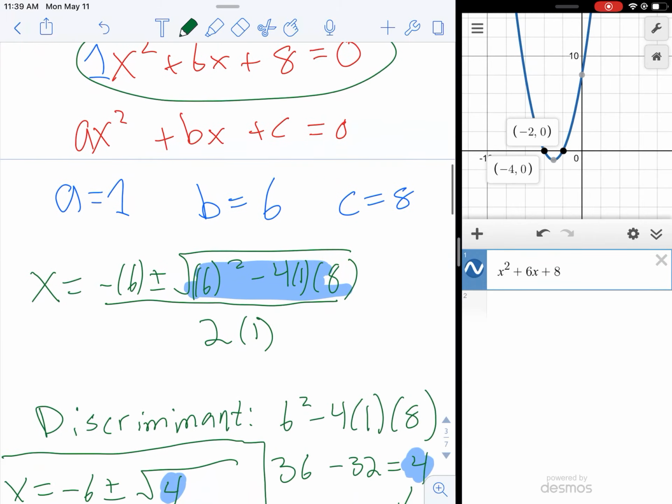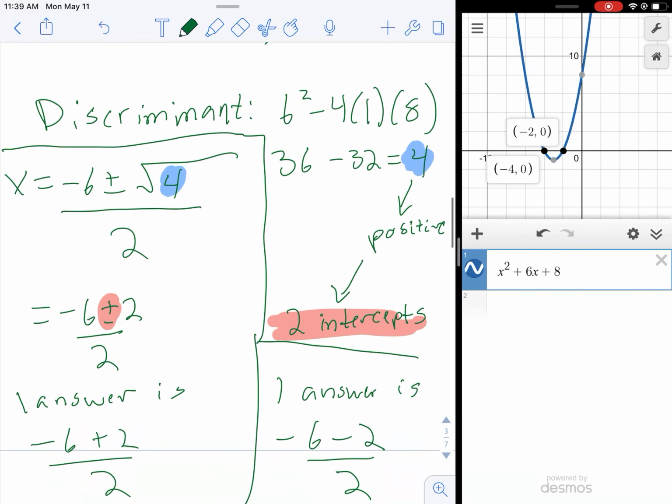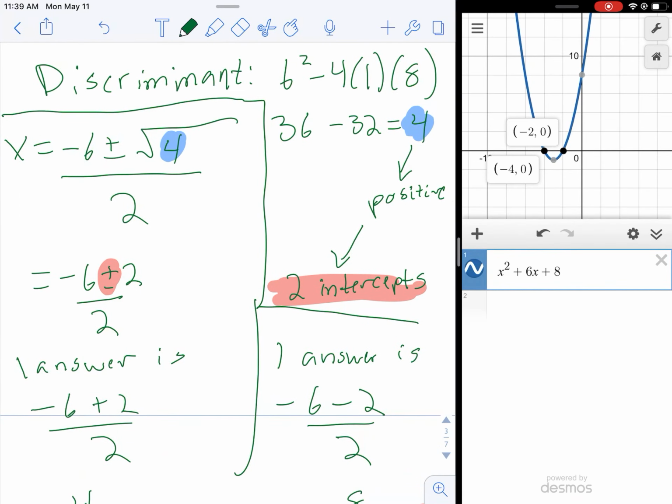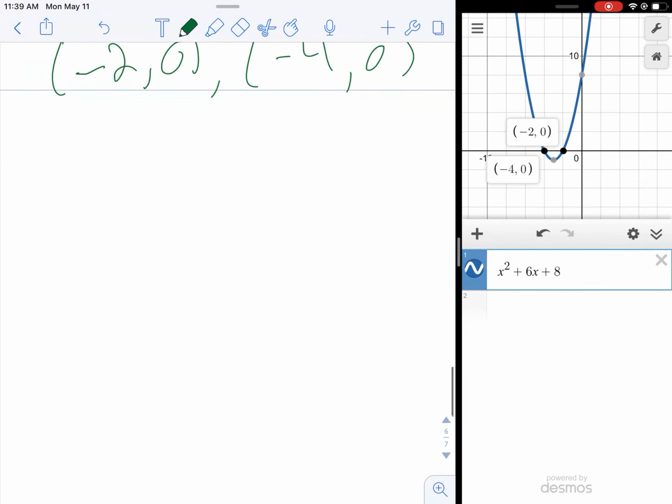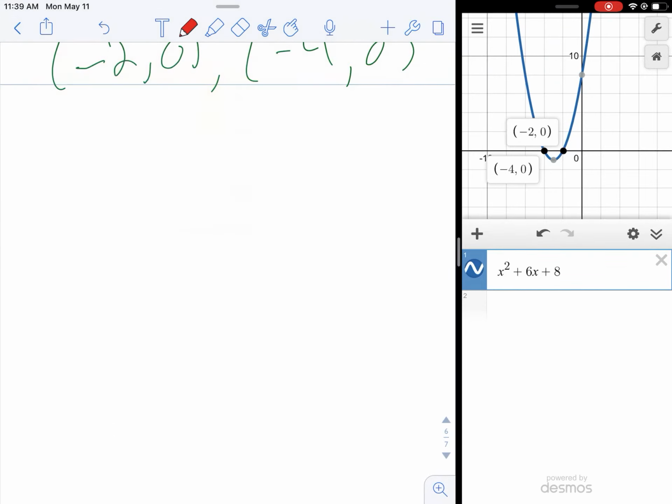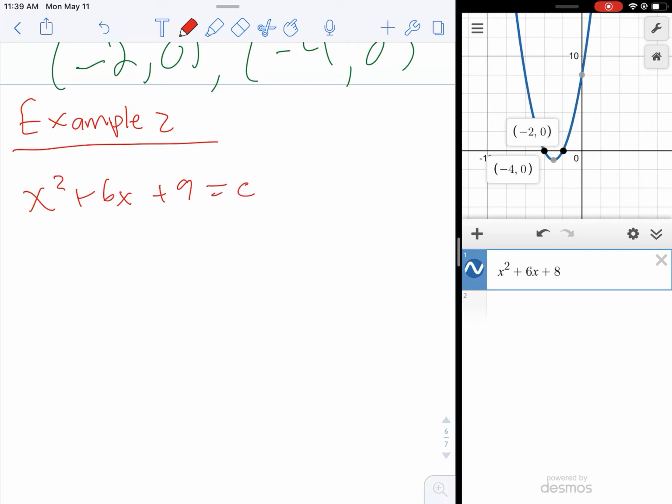Okay, so let's go ahead and do another example where we see a parabola with one x-intercept. Let's call this example 2. Let's have x squared plus 6x plus 9 equals 0. Let's set up our quadratic formula.